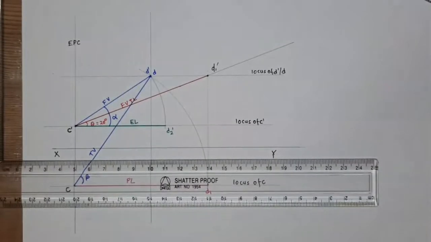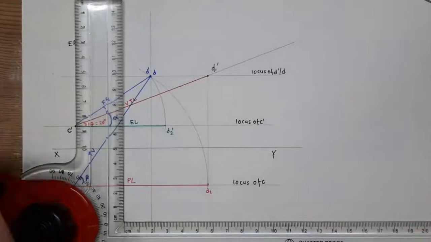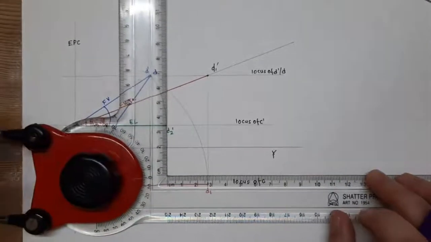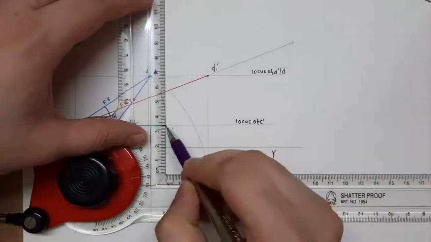And what do they say? How do we get the TL? We get the TL by projecting point D2 on the locus of D. So I will produce a projector from D2 dash.